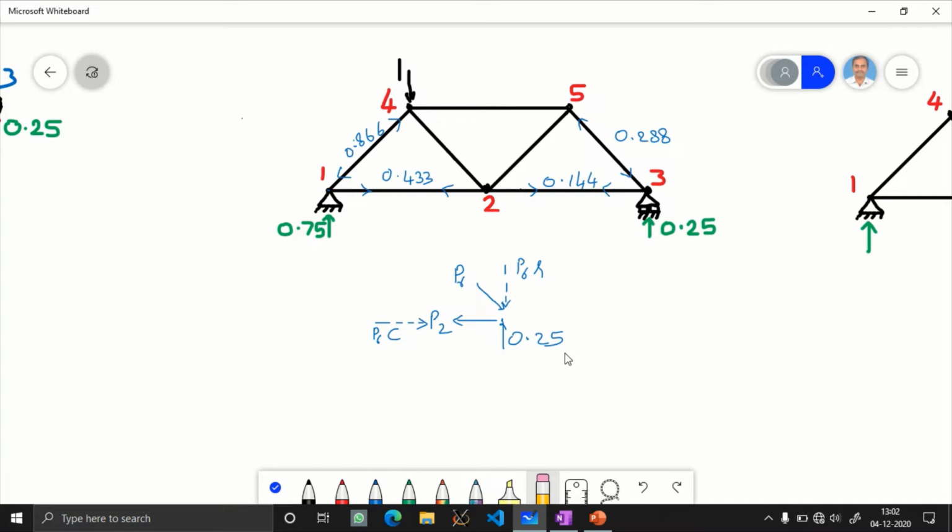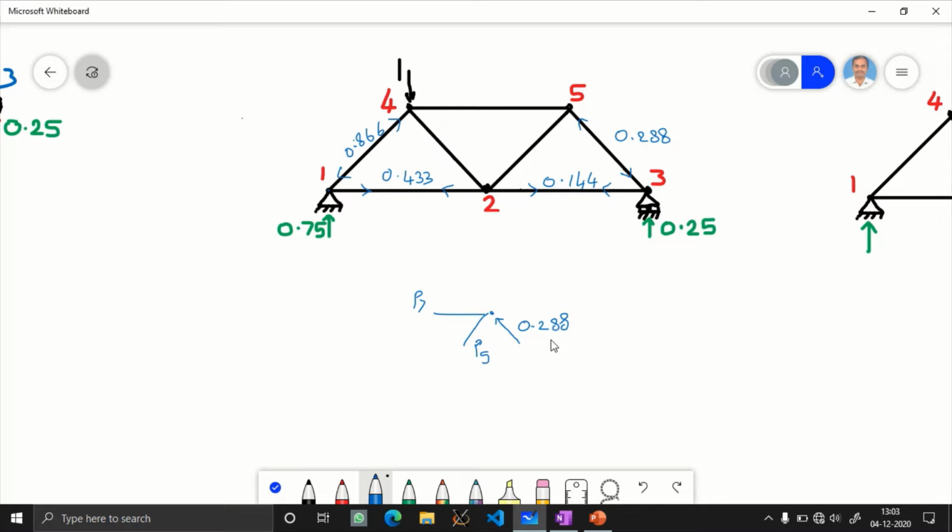Next, I will choose joint 5. In joint 5, we have three member forces. We have a force acting towards the joint, which is 0.288, and horizontally P7 and another inclined force, which is P5.